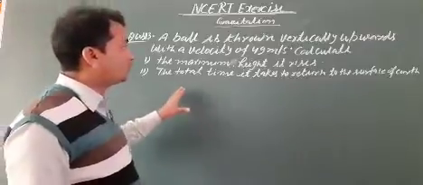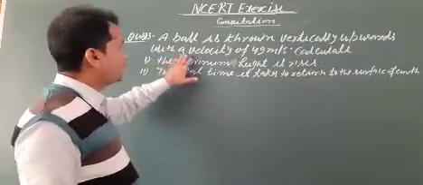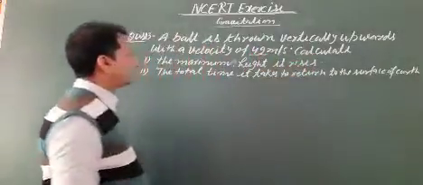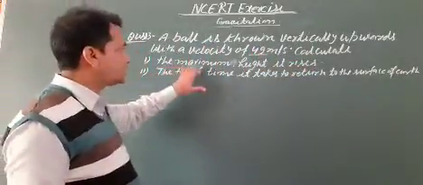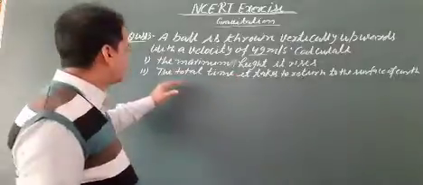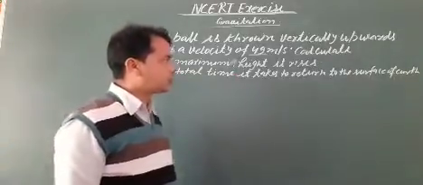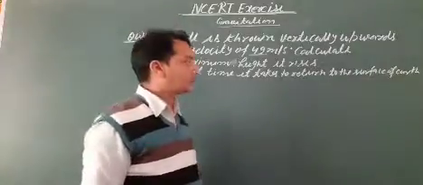A ball is thrown vertically upwards with a velocity of 49 meter per second. Calculate the maximum height it rises, and the total time it takes to return to the surface of the earth.